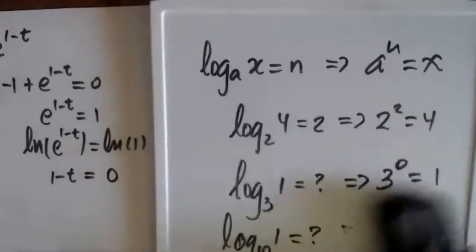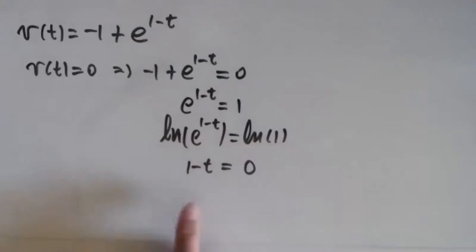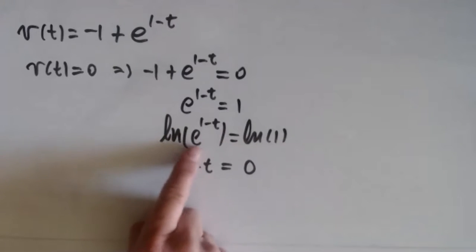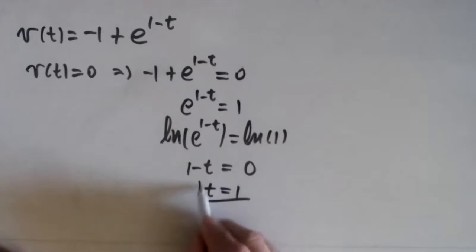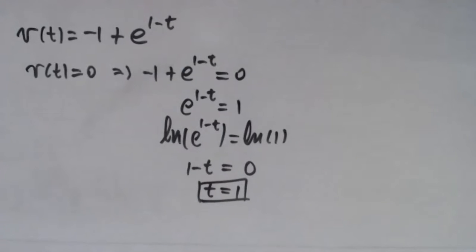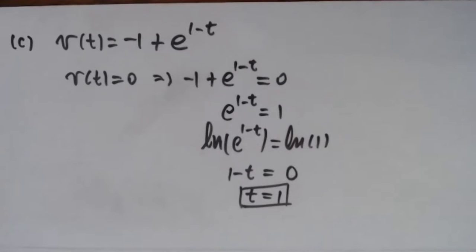So it's very important you remember these little things because between a 0 and a 1 there is going to be a difference, correct? So here, the ln of 1 is 0. You cancel the e with the ln and you get 1 minus t. So t equals 1, correct? So this is the part C.